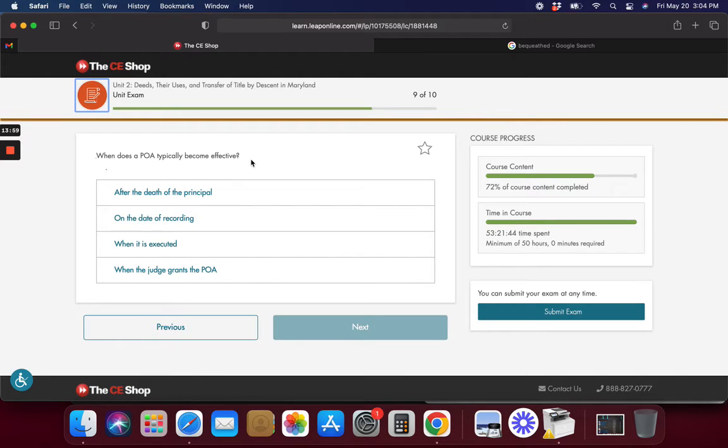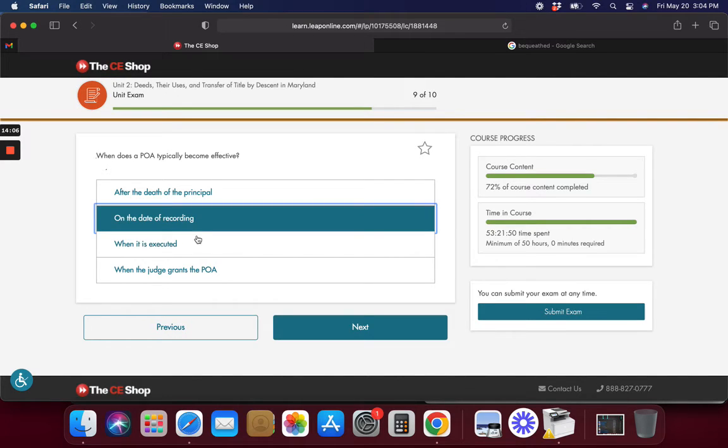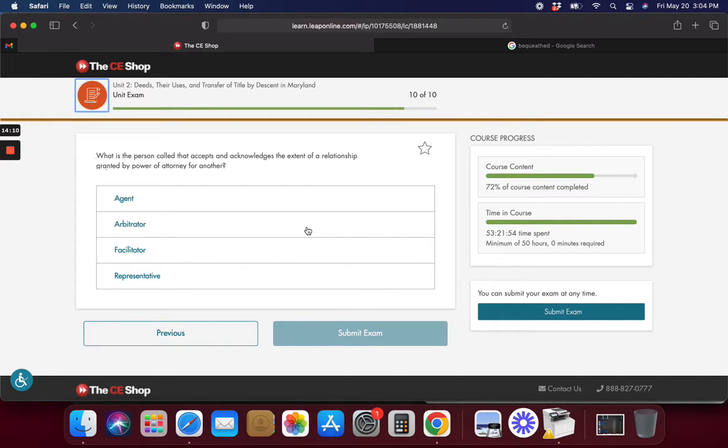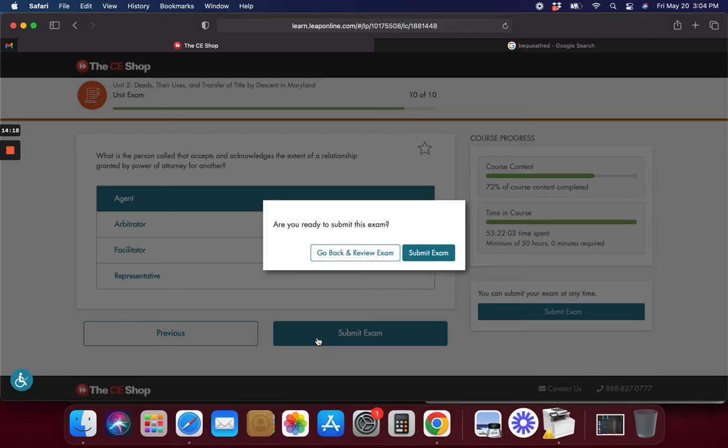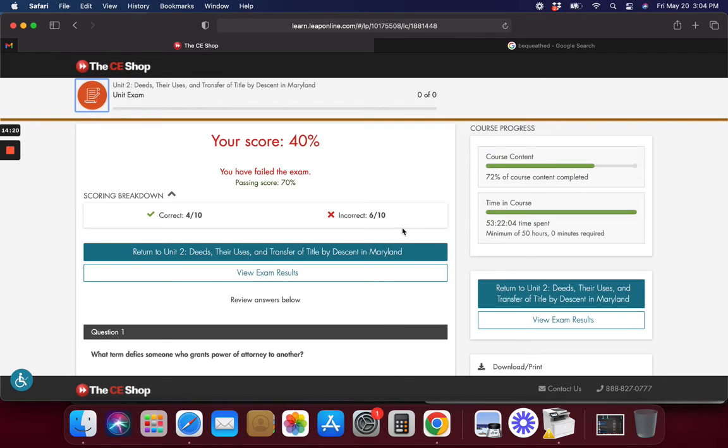Power of attorney becomes effective when it is executed, or on the date of recording. I'm not sure. Maybe the date of recording. What is a person called that accepts and acknowledges the extent of a relationship granted by the power of attorney for another? That could be a representative. I'm sure I failed again.